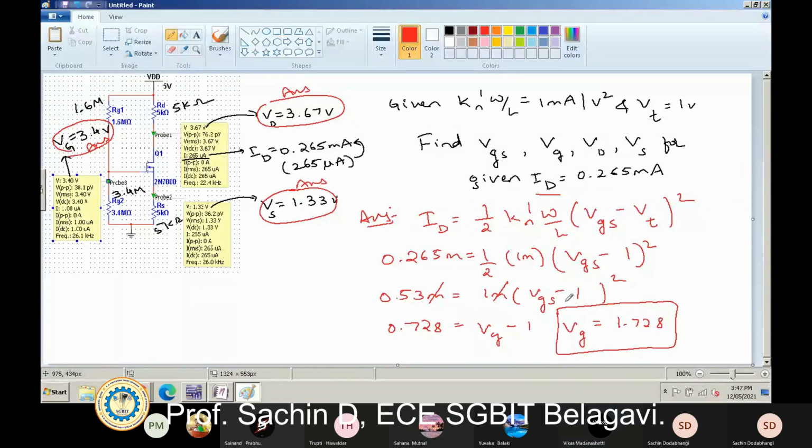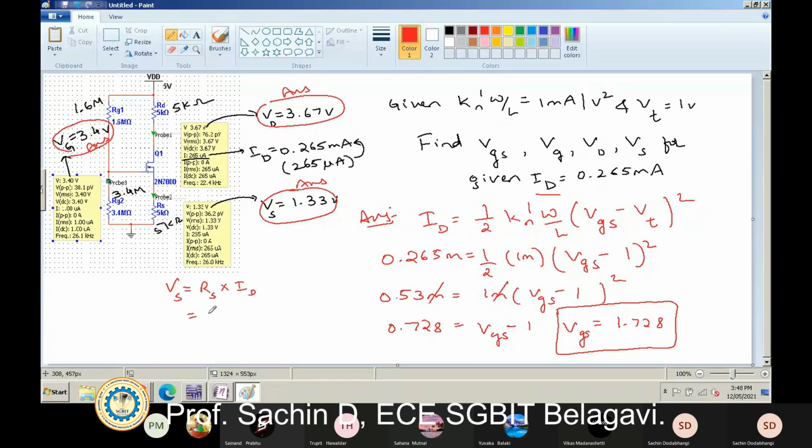Now for next, find it for VS. We got VGS. Sorry, it is VGS, not VG. So VS is the voltage across RS, which is RS times the current flowing through it, that is ID.